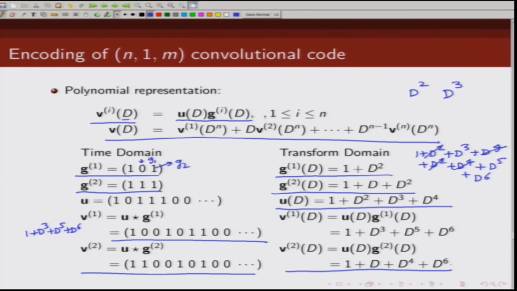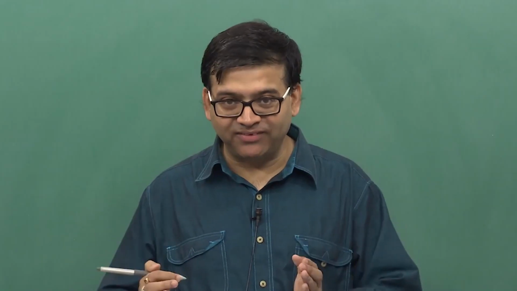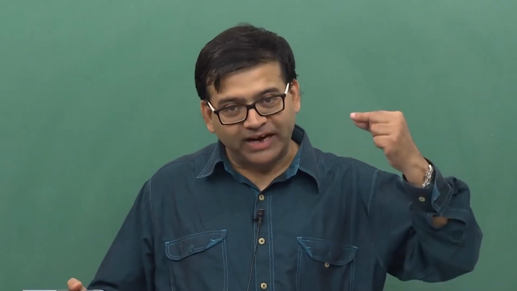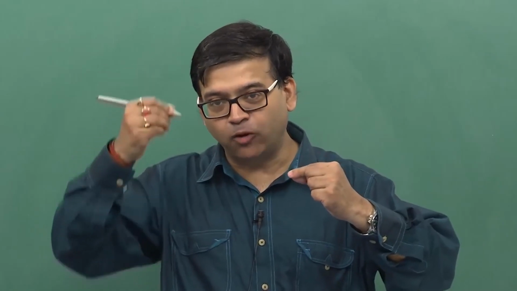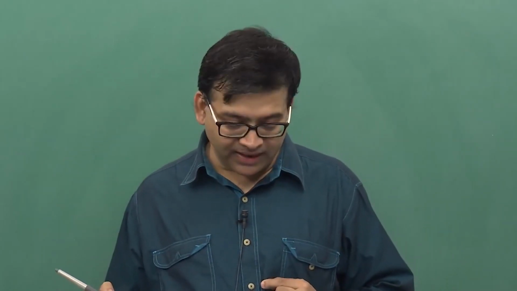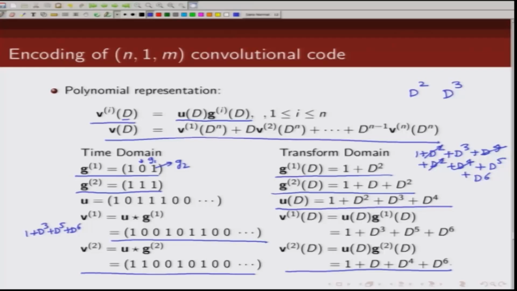Now once you have these individual sequences, how do you write the overall output sequence? Note that for one input sequence you are getting n outputs. So this is taken care of by this. V_i of D is going to give me the output sequence corresponding to each of these n outputs.